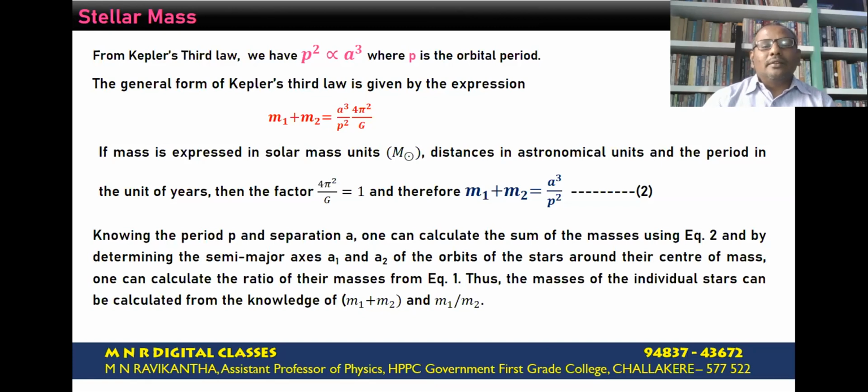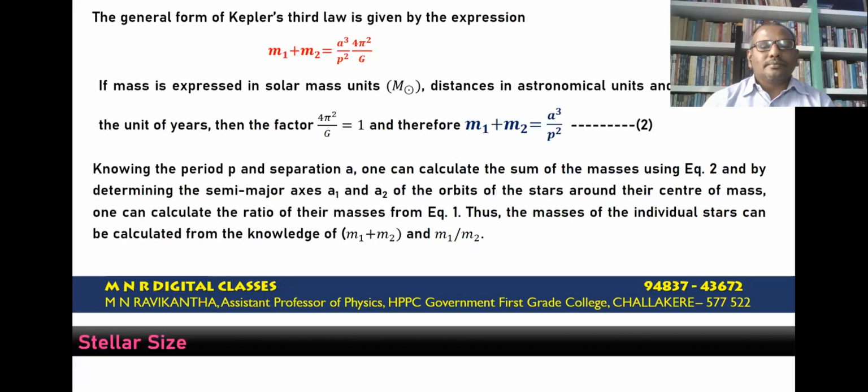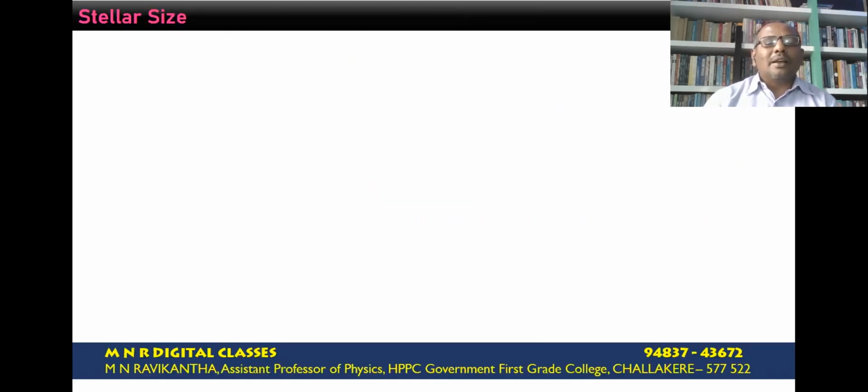This method, applying Kepler's law for a binary system, helps us in estimating the mass of the star. The next physical parameter of a star is stellar size.